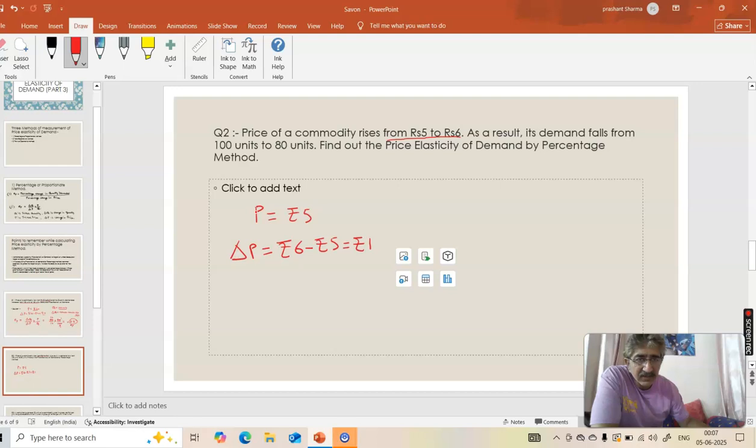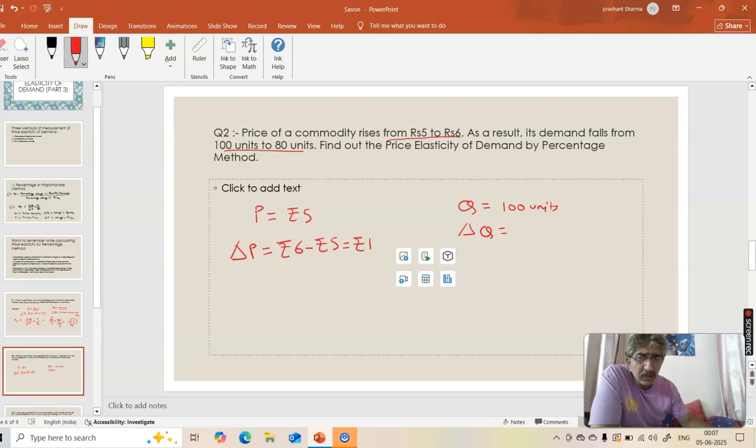Now, as a result, its demand falls from 100 units to 80 units. That means the initial or original quantity Q was 100 units, and demand has fallen to 80 units. You need to calculate the change in quantity.